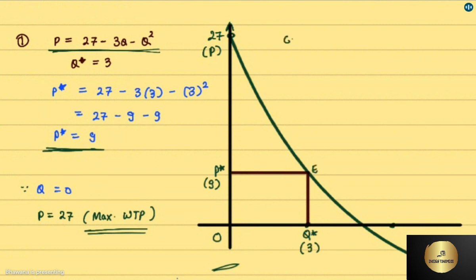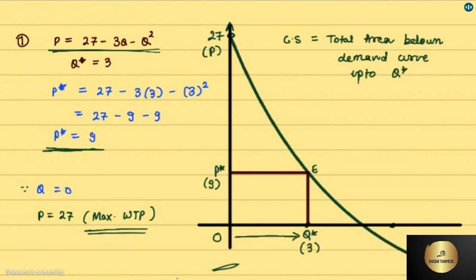Okay. So your consumer surplus in this case will be the total area below the demand curve up to Q star, like up to this point. This is your demand curve.